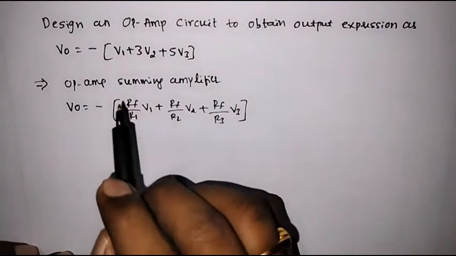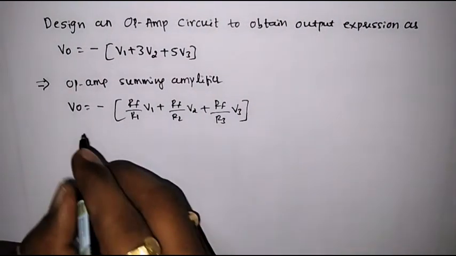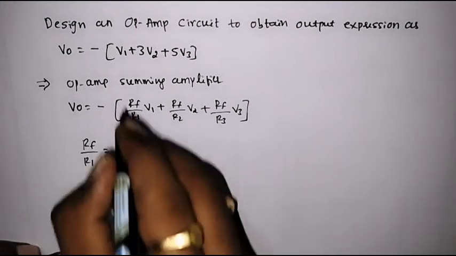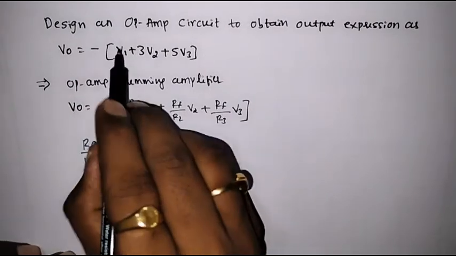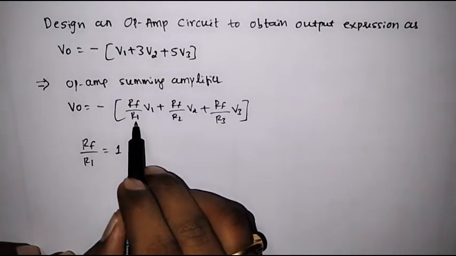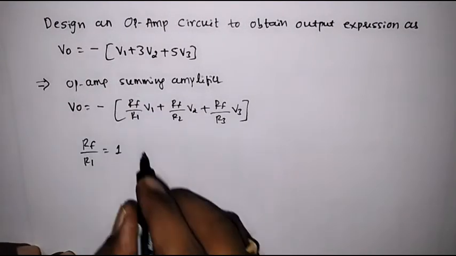Now compare this equation with this equation. We can say that here RF by R1 is equal to 1 because here the coefficient of V1 is 1. Here the coefficient of V1 is RF by R1. So I can say RF by R1 is equal to 1.